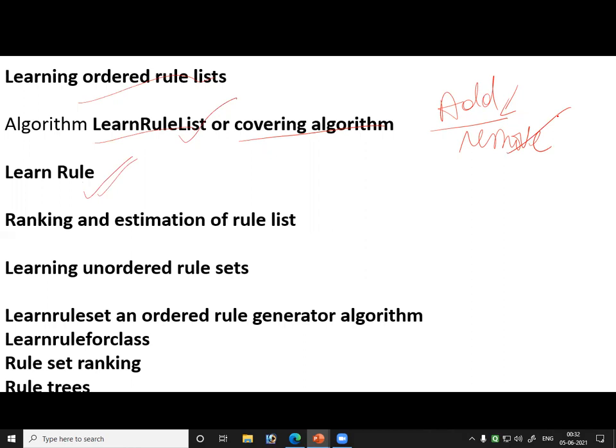As simple as this. Both are very simple algorithms. And we also learned ranking estimation, the ROC curve, and AUC, area under the curve.